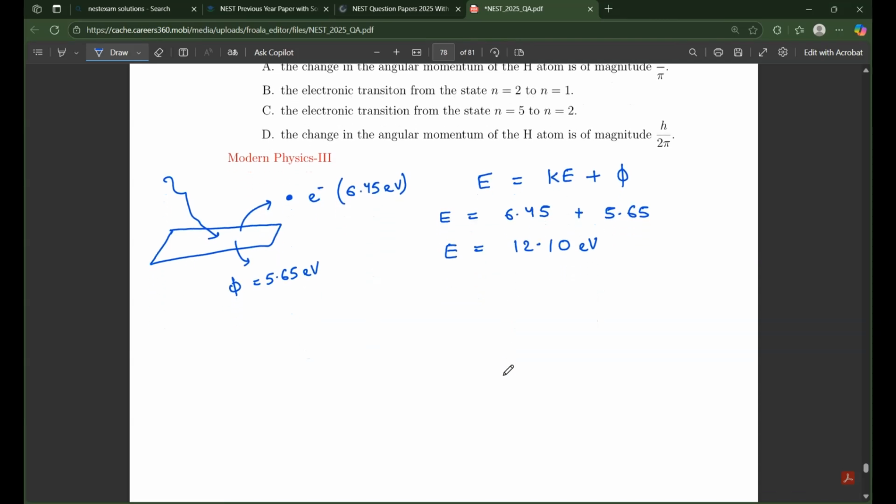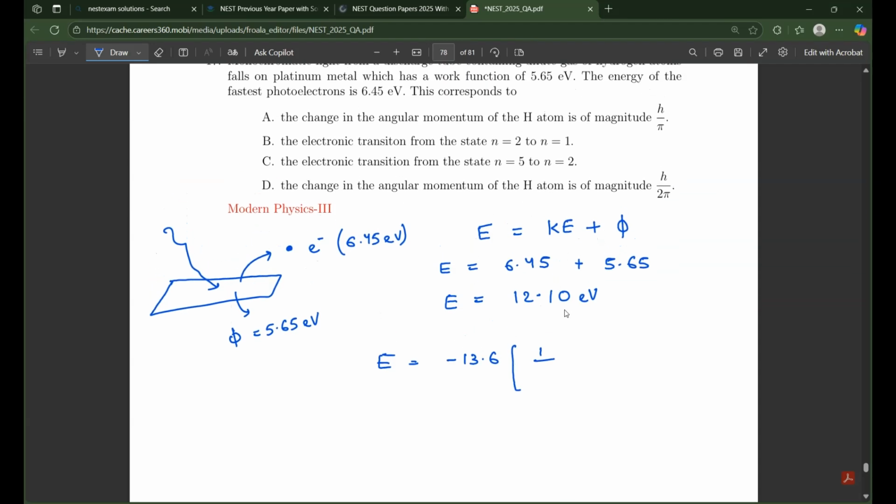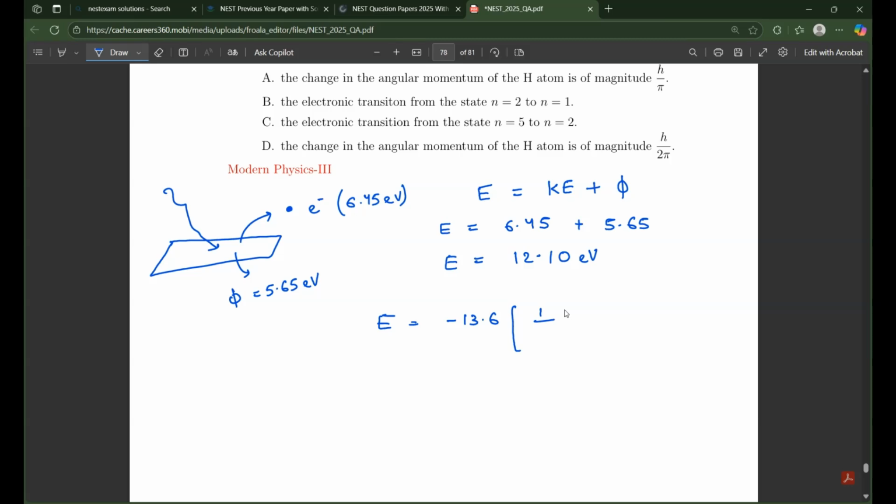Now, the formula to calculate the energy of electronic transition is E is equal to minus 13.6 into 1 upon n final square minus 1 upon n initial square electron volt. The first option is the transition from 2 to 1.